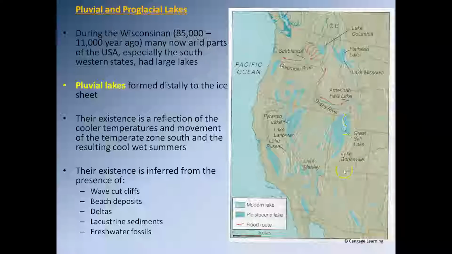And as Lake Bonneville evaporated away, it left behind the Great Salt Lake, which is located next to Salt Lake City. So that's essentially where the Great Salt Lake came from: the evaporation of all this water associated with Lake Bonneville, and that body of water was obviously formed during the last ice age.